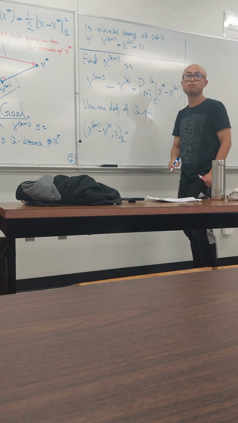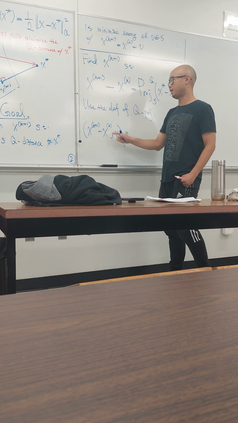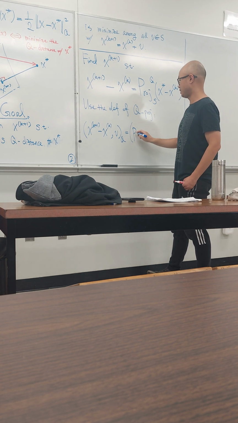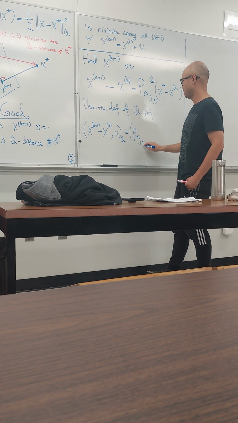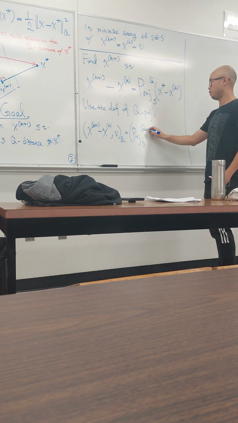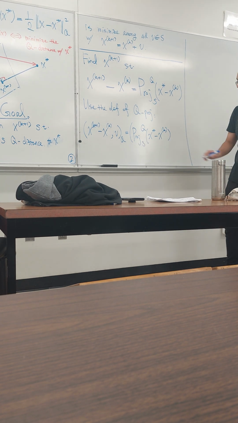We use the definition: xk plus 1 subtract the kth iterate is a projection, with superscript Q, of x star subtract the current iterate.